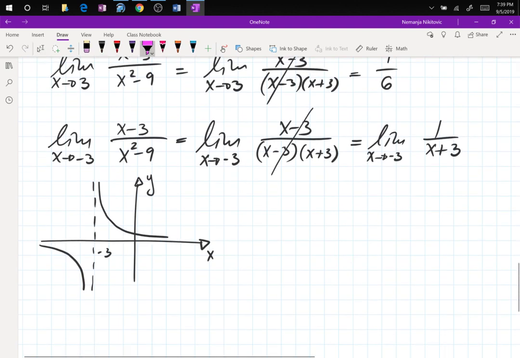You see the asymptote, right? It's right there. So if you do the approach from the left, you will get negative infinity. So, yes, there is an asymptote at -3. So, VA at x equals -3.